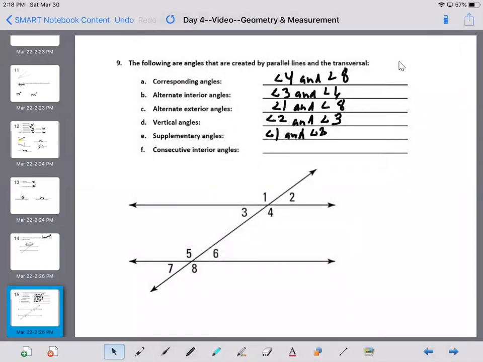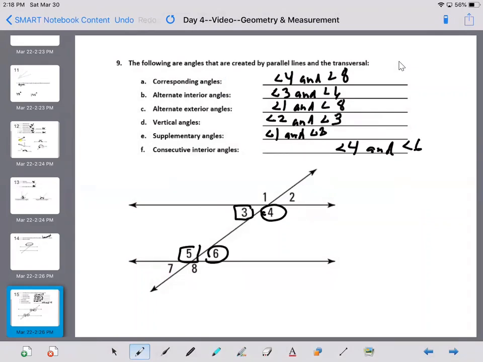But we do have another one called a consecutive interior, and that would be 6 and 4. They're both consecutive. They're in line with one another, 4 and then 6, and they're on the same side, and they're in the interior. So angle 4 and angle 6 would both be consecutive interior, and then angle 5 and angle 3 would both be consecutive interior.